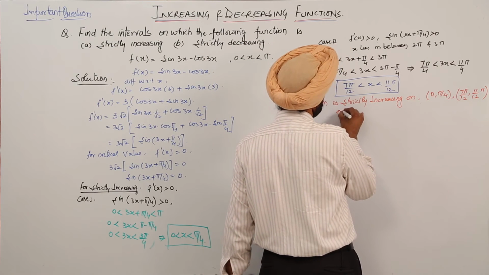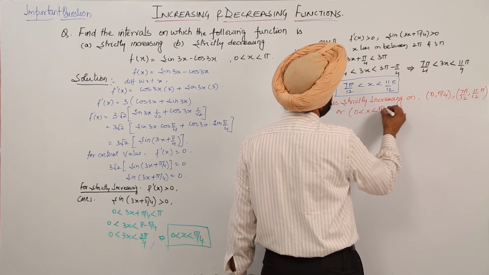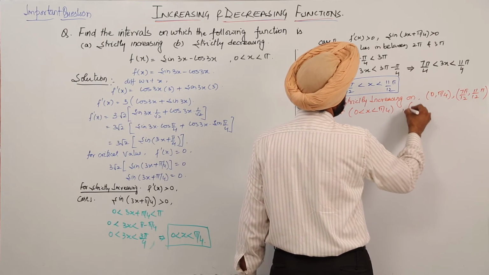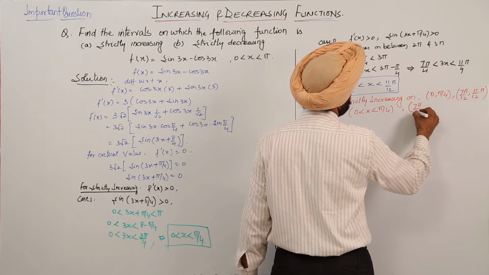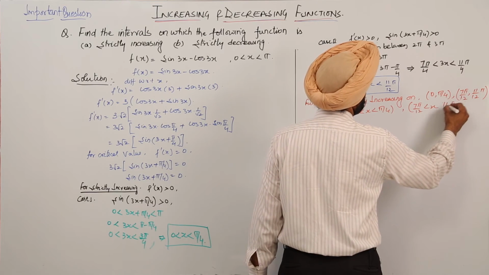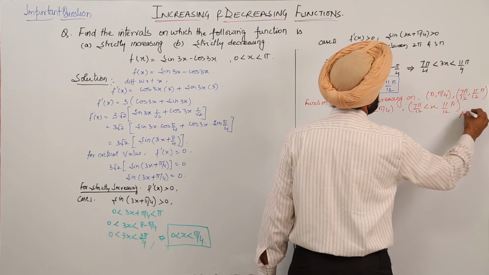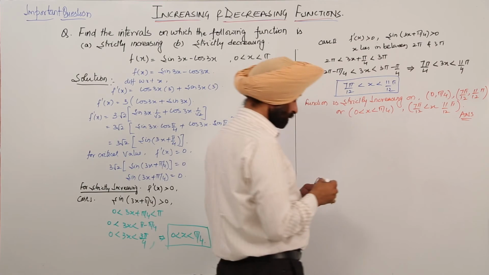Or you can mention 0 is less than x is less than pi by 4 and 7 pi by 12 is less than x is less than 11 pi by 12, like this. So this is one of the answers.